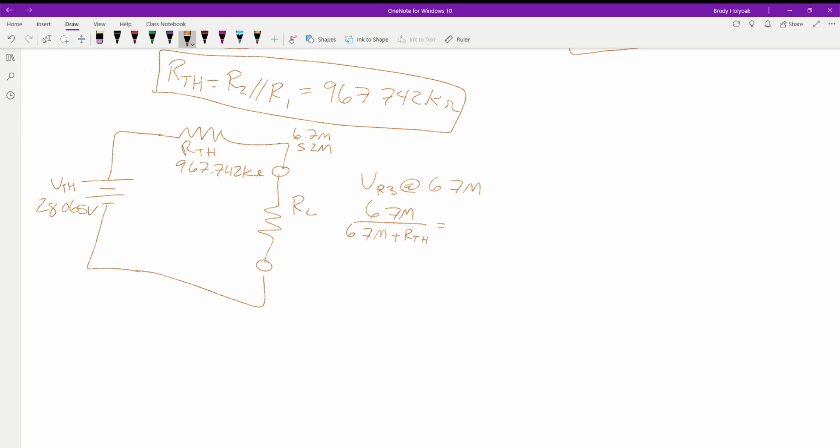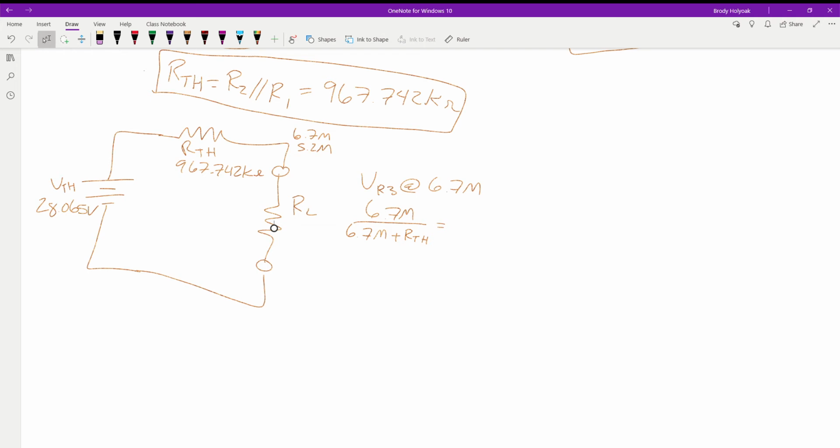So what should we expect to see? Just rough numbers, looking at how these compare. We have about a meg resistance here, and we've got 6.7 meg resistance here. We should see most of the voltage, so at least 5/6 of it, probably a little bit more.